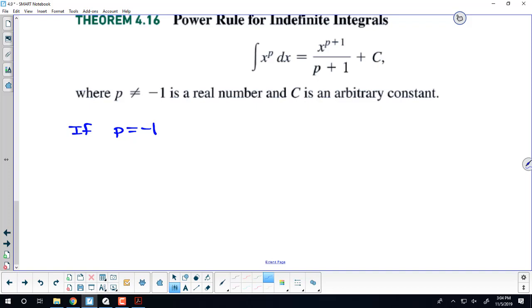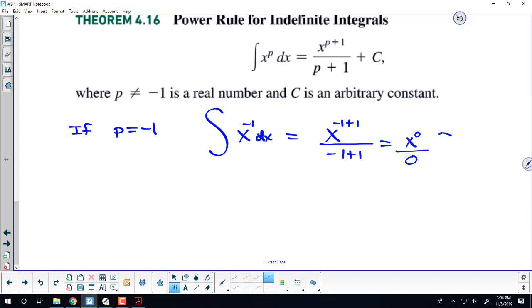So what happens if p is -1? You add 1, you get a power of 0. So if p is -1, what's the antiderivative of x to the negative 1 dx? You can't divide by 0.